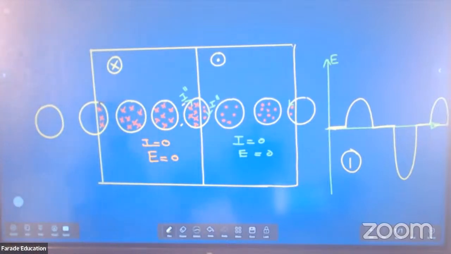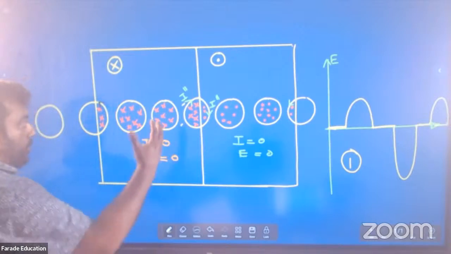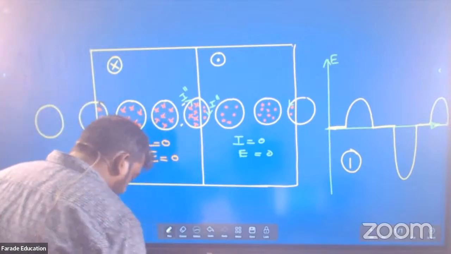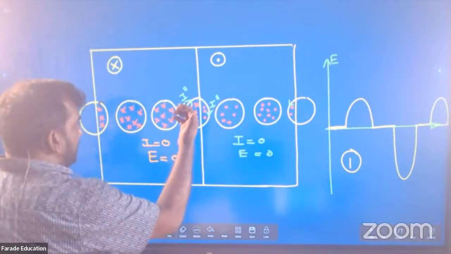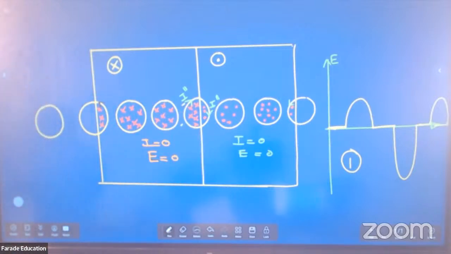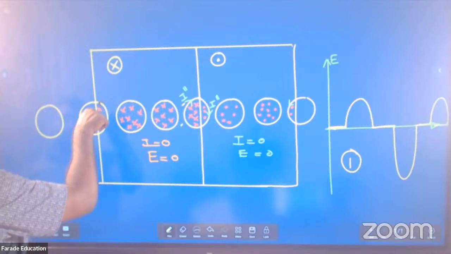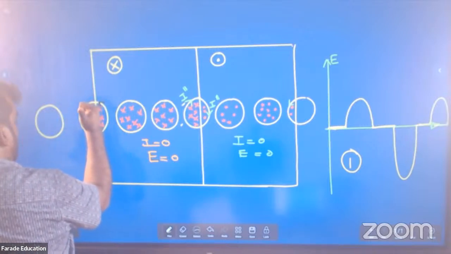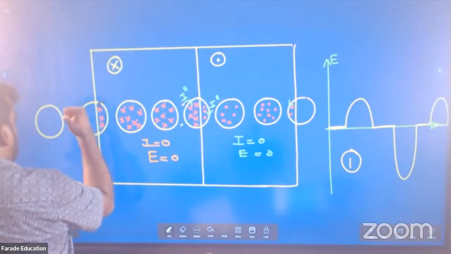To oppose this change, we can use Maxwell's corkscrew rule. To oppose the field lines from going inward, we can place the right thumb outward.